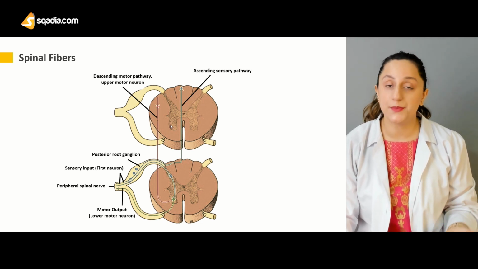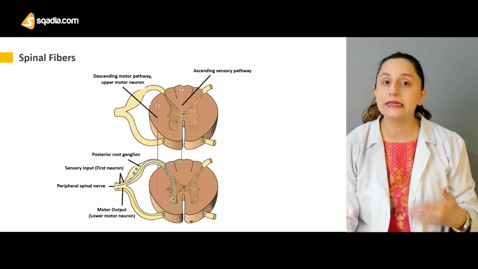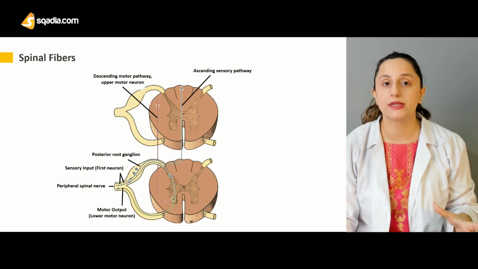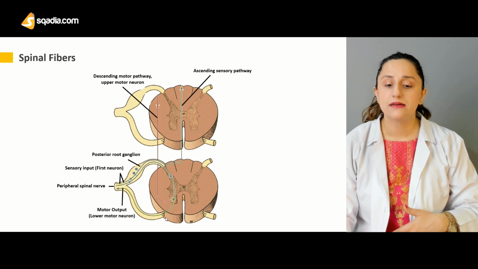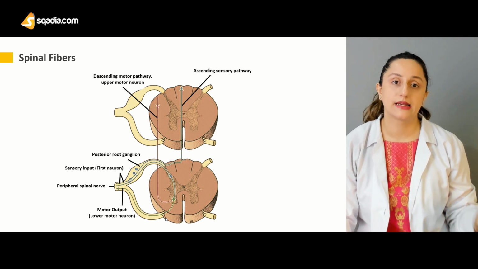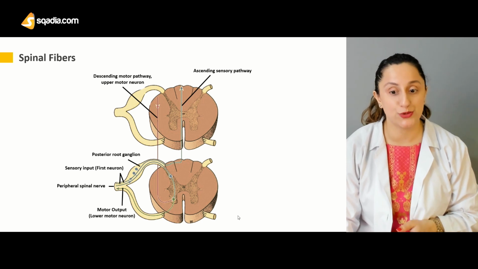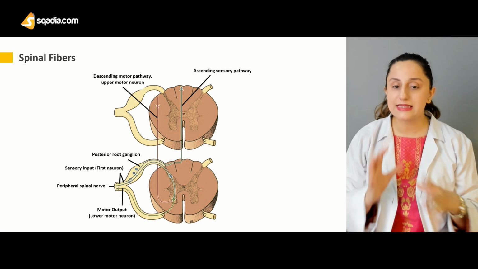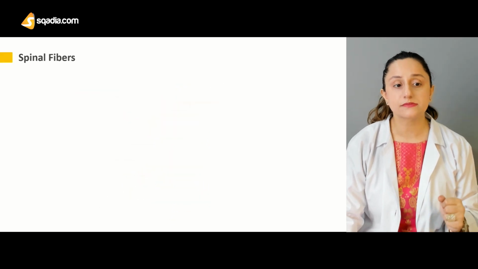Particularly in case of the upper motor neuron lesion, we have the Babinski signs, and we'll be learning about all of the upper motor neuron particulars specifically. And then we have an entirely different clinical picture which is seen in patients who are suffering from the lower motor neuron lesions. So this is how there is a general organization of these nerve fibers.